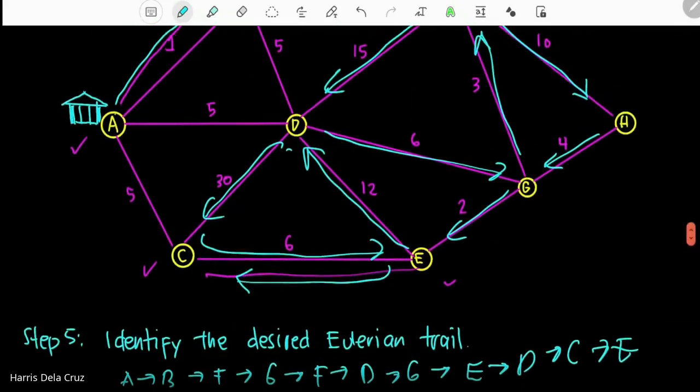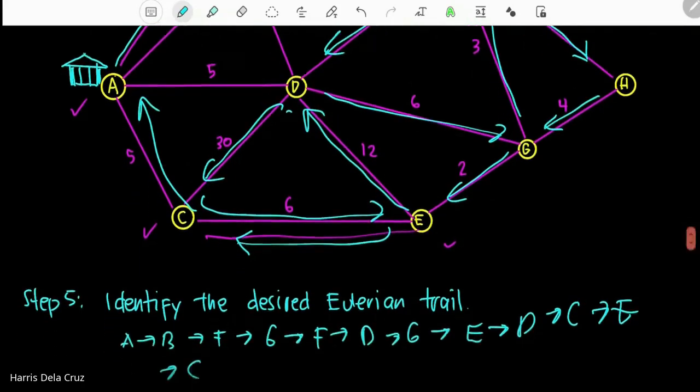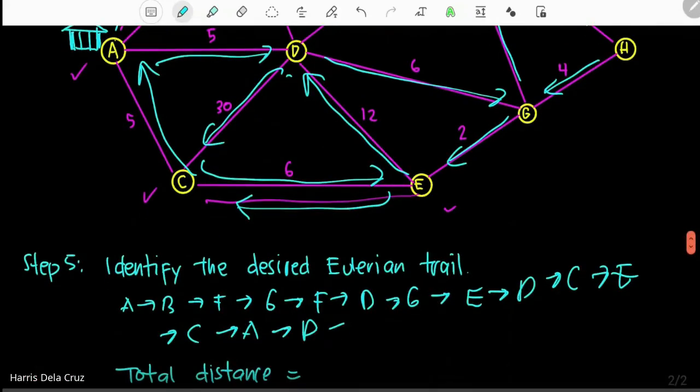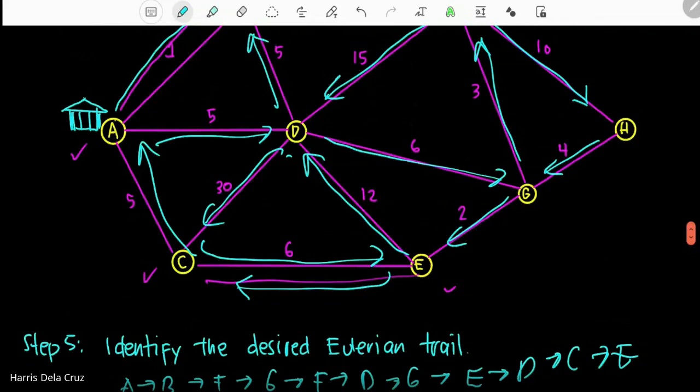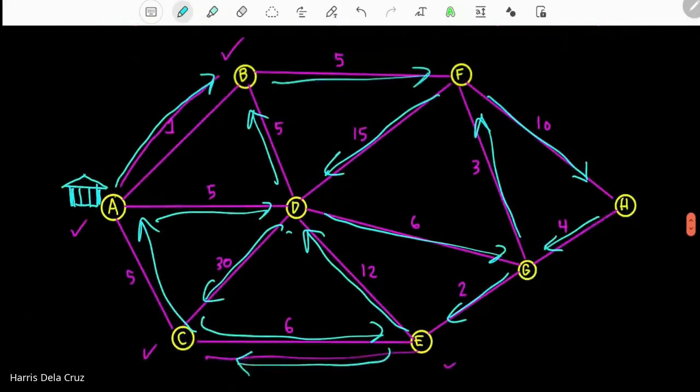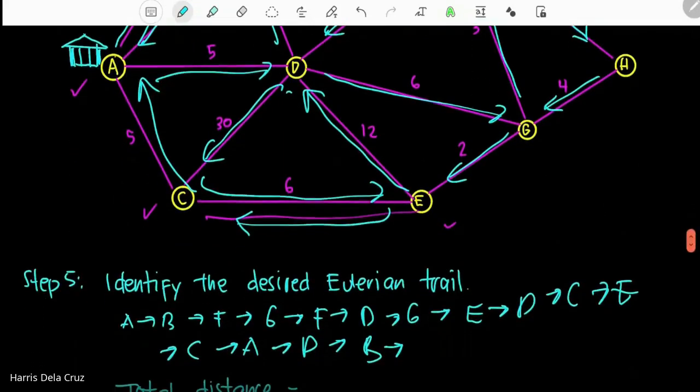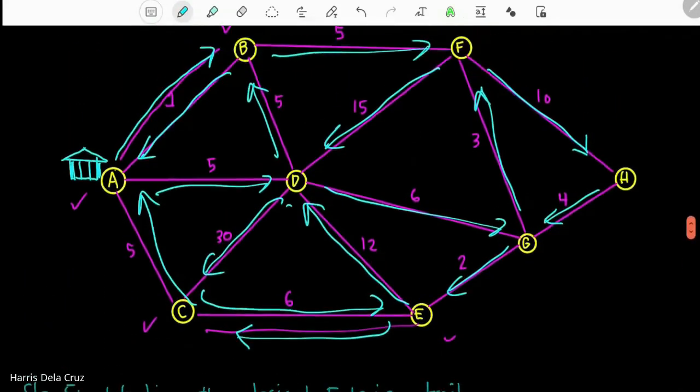From C, you now go to A. You have no choice but to go to A. And then now you can go to D again, traverse the AD edge, and then to B, and go back, using the same road again, AB, to go back to the original position A. So now you were able to trace the graph passing through each road once and only once, except for that pair of roads that we go through twice, the road AB and the road CE.